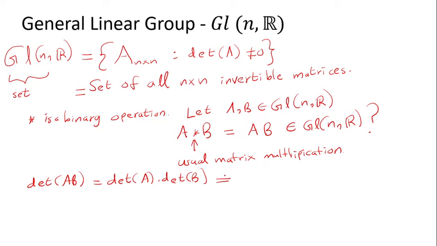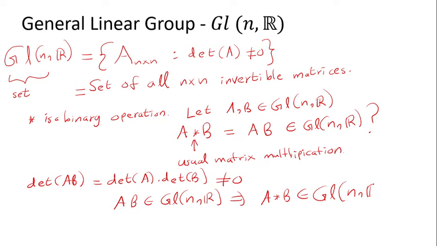Therefore, this is not equal to 0. So I can say that AB belongs to GL_n(R), and this implies that A star B belongs to GL_n(R). So hence you can say that this is a binary operation. So that is done.